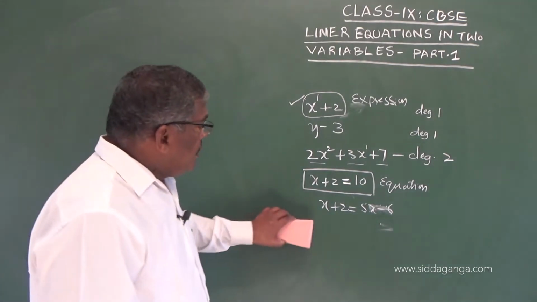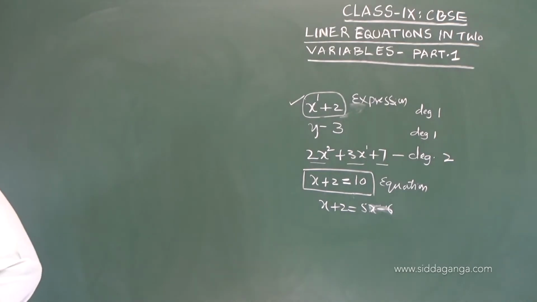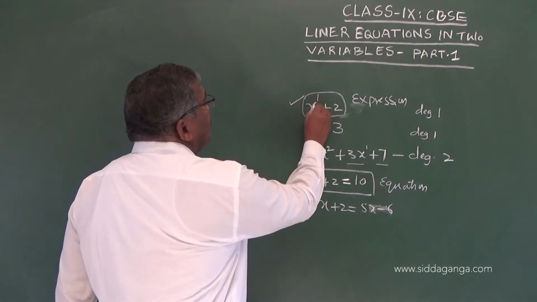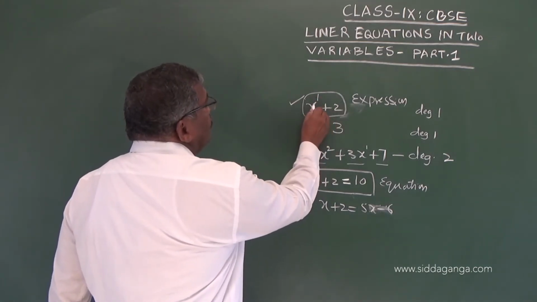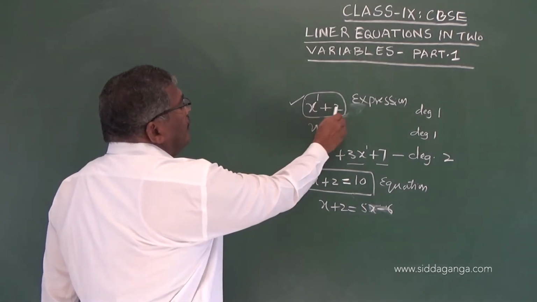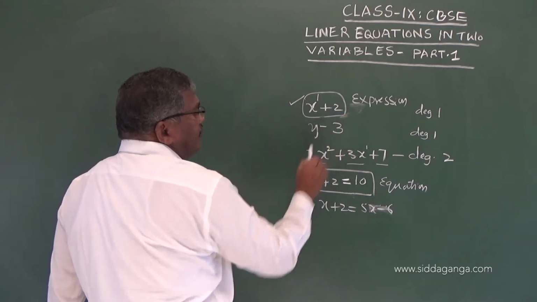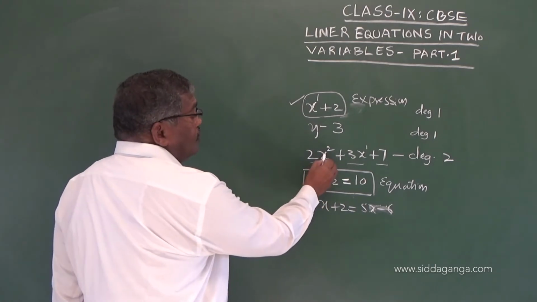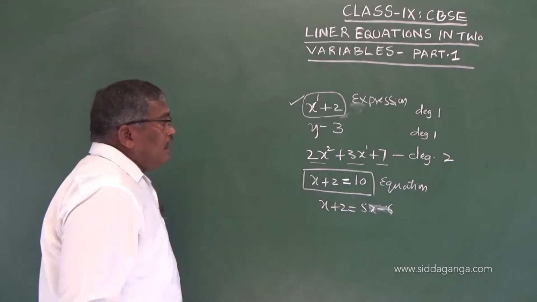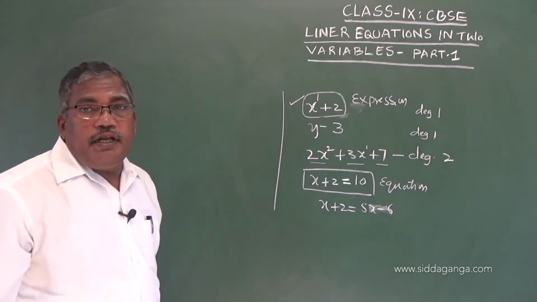The more important thing is the equation in one variable. See, in x plus 2 only one variable is there. In y minus 3 only one variable, and here also x and 7, only one variable. These are known as equations with one variable.